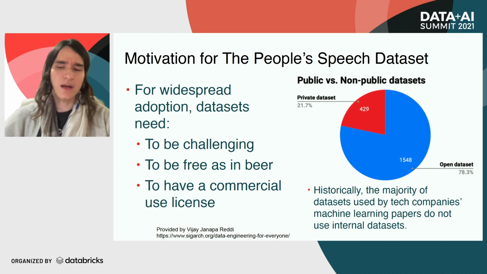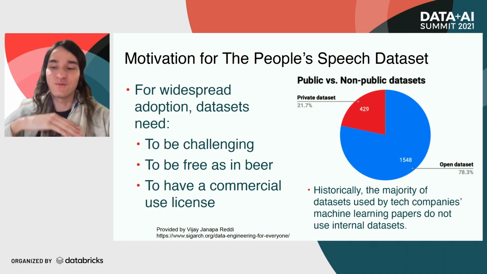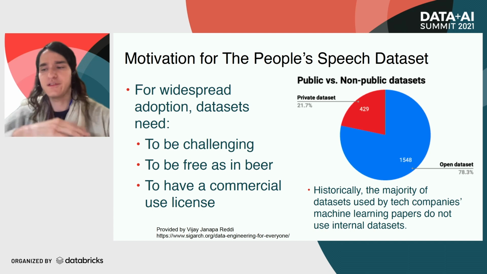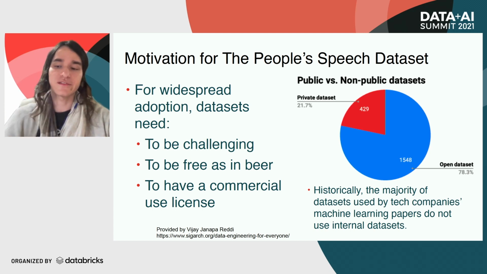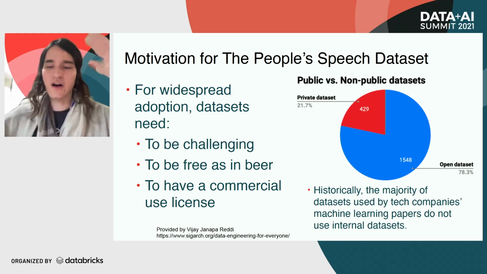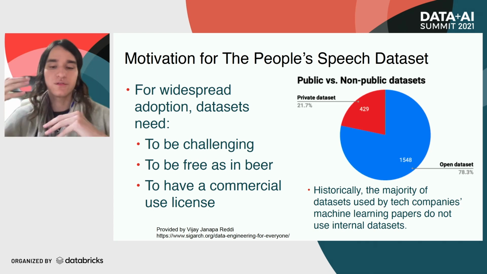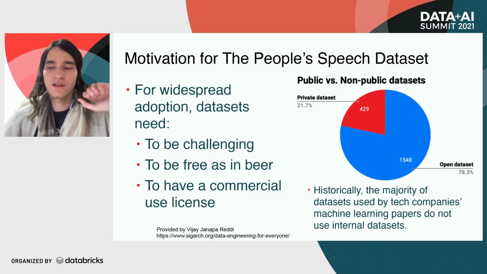And I'd say the most common data set today, at least in speech, is LibriSpeech, which does have the next property, which is that it's free as in beer, as in you can just get it and you have it. That is very nice if, say, you're not a speech-to-text expert, you're just a machine learning person, but you develop a new model or a new training mechanism, and you decide, I want to see how this does on speech data.